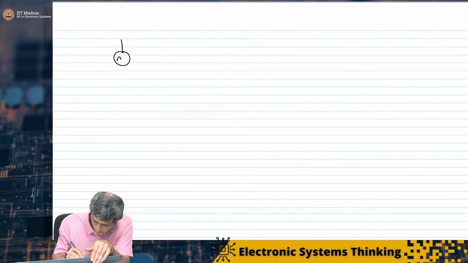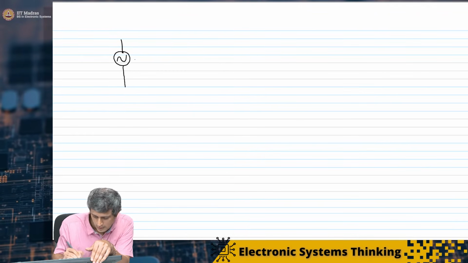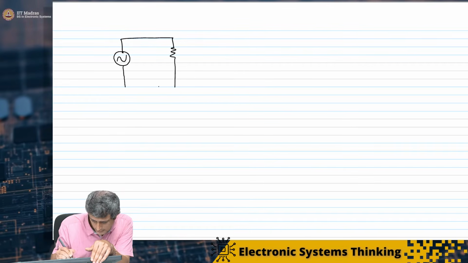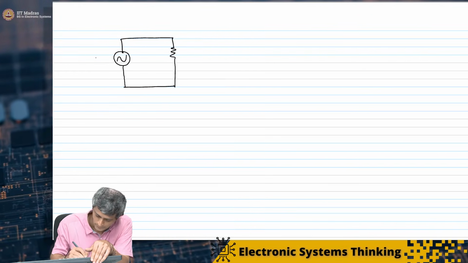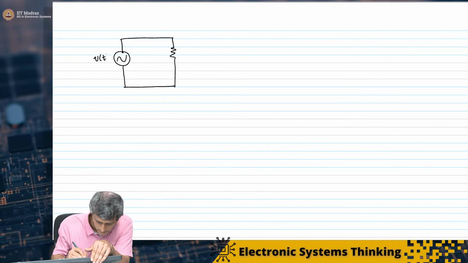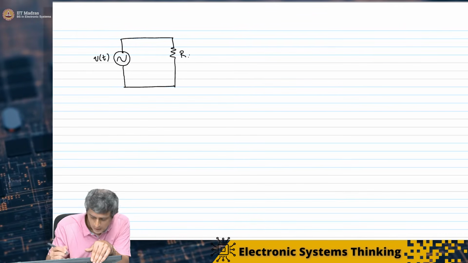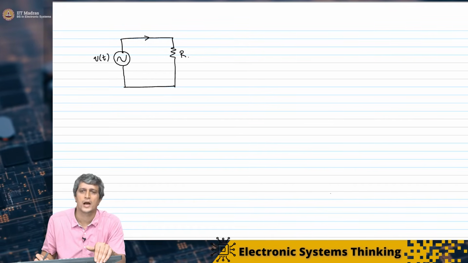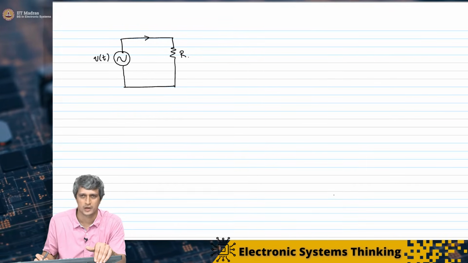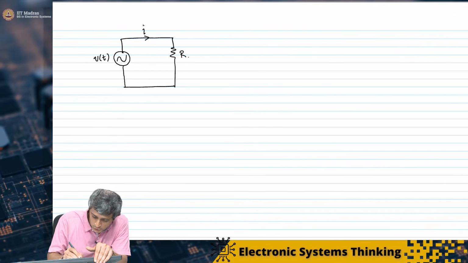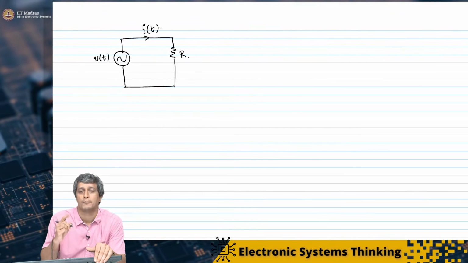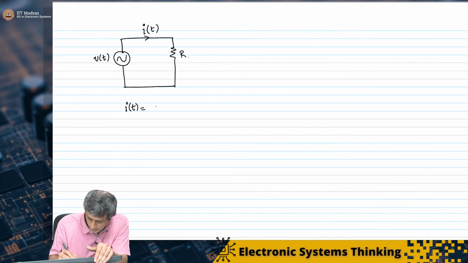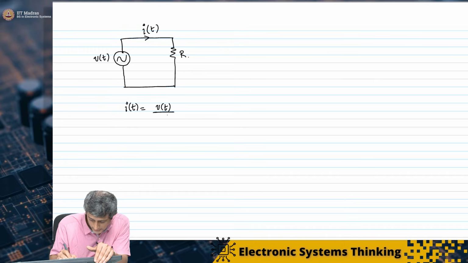An alternating current source is indicated by this symbol, and I am going to simply connect this across a resistor. So this is my V of t, this is my R, and instantaneously you are going to have a current from this source, which is also a function of time. And I of t is going to be V of t by R.